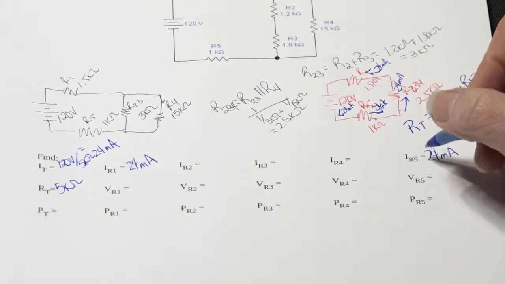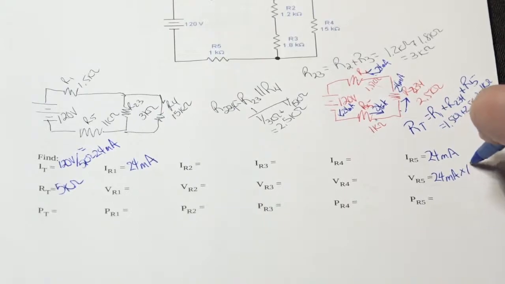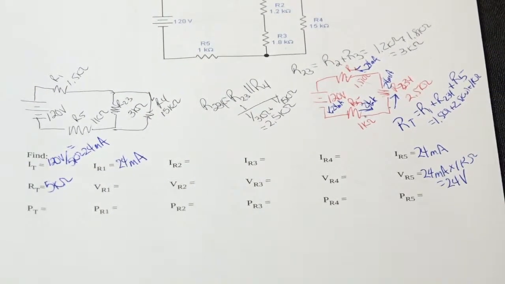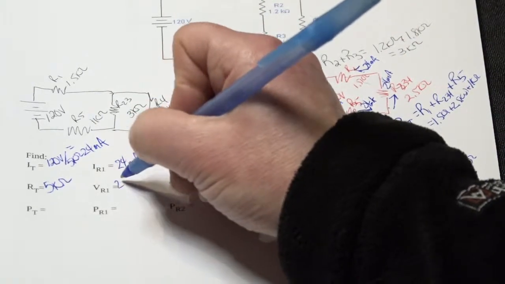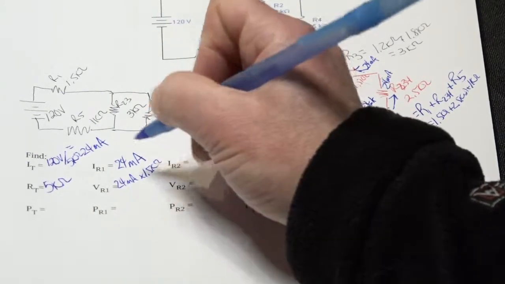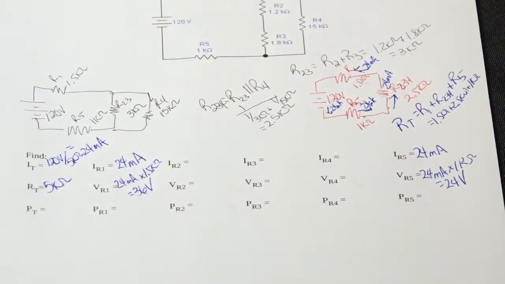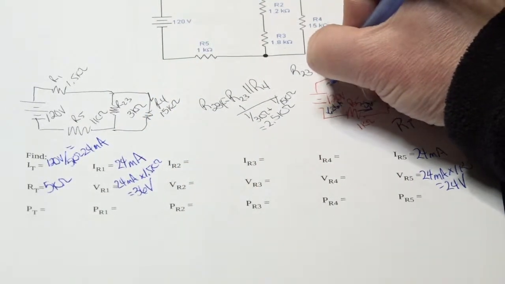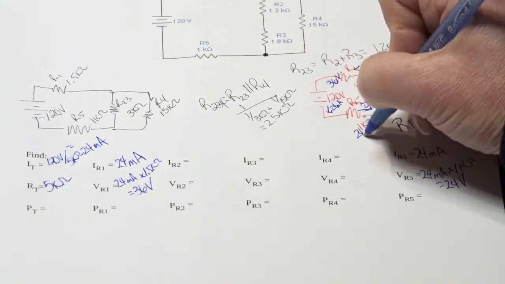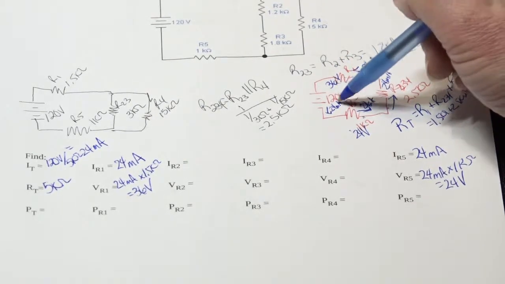So 24 milliamps times 1K ohm equals 24 volts, and 24 milliamps times 1.5K ohms gives us 36 volts. Okay, so I'm going to go ahead and write that right on. So I've got 36 volts here. I've got 24 volts here. Now we know that these all have to add up to 120.